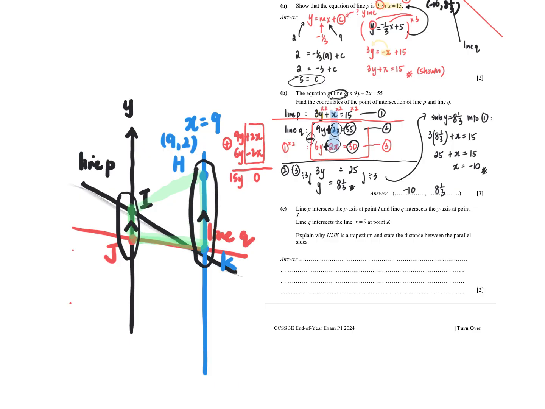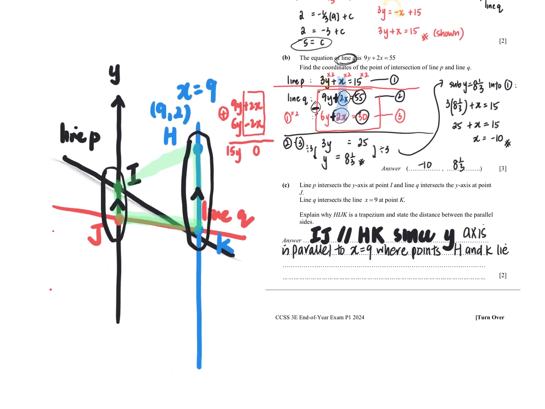So you can say that IJ is parallel to HK, since the y-axis is parallel to x equals to 9, where points H and K lie.